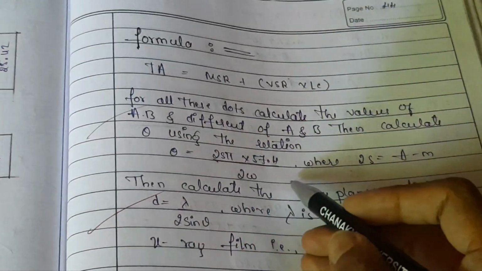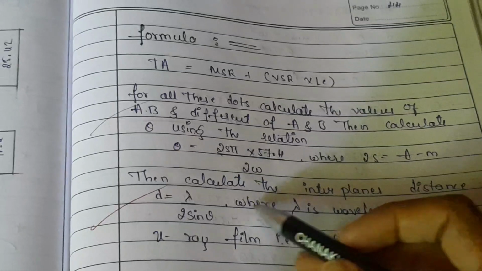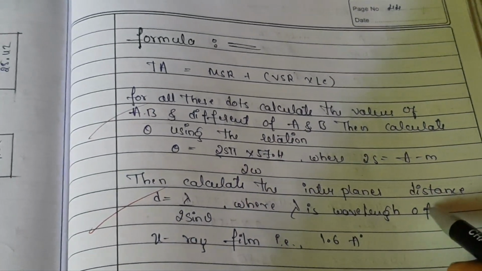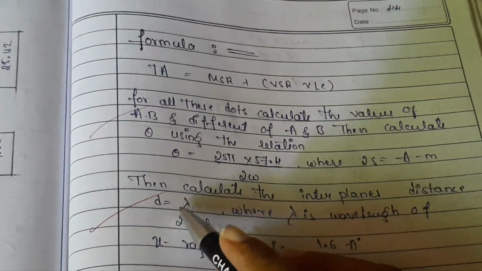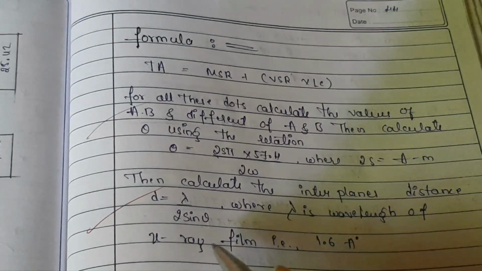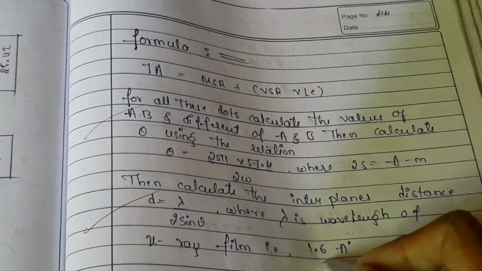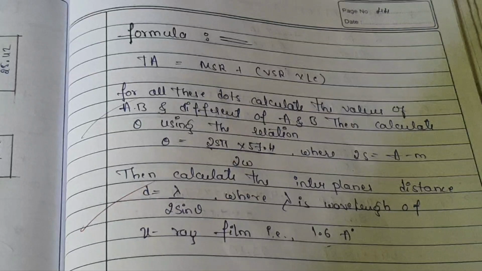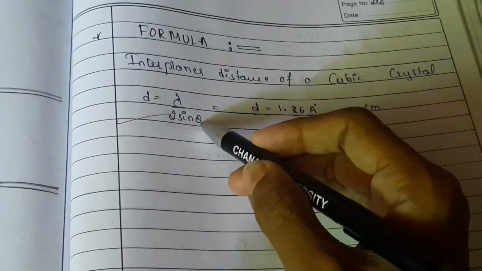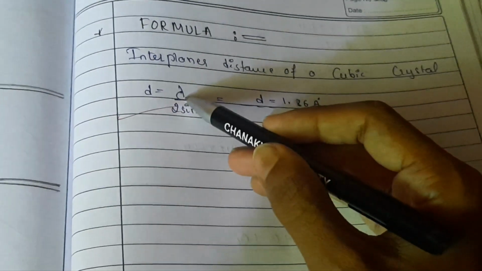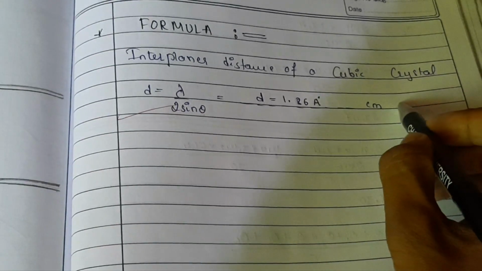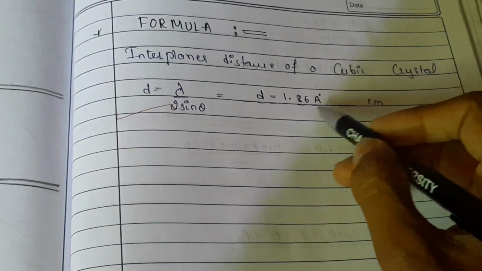Once you calculate angle theta using this formula, we can calculate the interplanar spacing, which is given by d equal to lambda by 2 sin theta, where lambda is the wavelength of the X-ray, that is about 1.6 angstrom. So if we substitute the average value of theta from the tabular column and the wavelength of the X-ray, you will get the interplanar spacing of a cubic crystal around 1.86 angstrom.